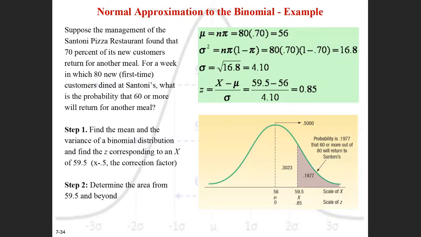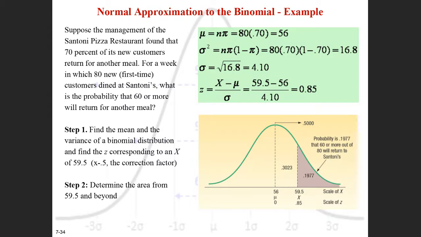Okay, here's an example of the normal approximation to the binomial. Suppose the management of the Santoni Pizza restaurant found that 70% of its new customers returned for another meal. For a week in which 80 new first-time customers dined at Santoni's, what is the probability that 60 or more will return for another meal?